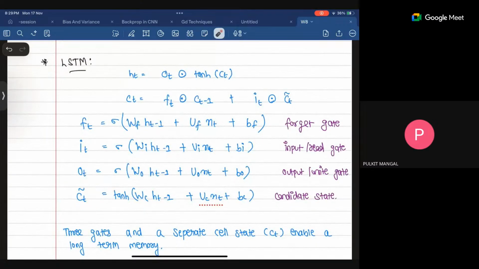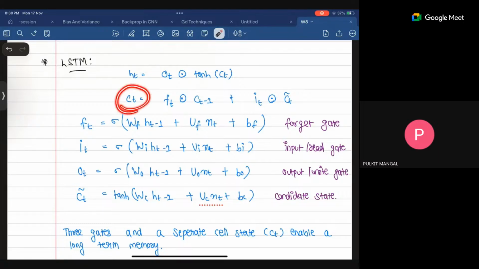Using the gates, we are first going to get this partial candidate state, which is again nothing but the tanh of WC HT minus 1 and UC XT. Now for this partial candidate state, how much information you want to write from this, and how much information you want to forget from the previous candidate state.